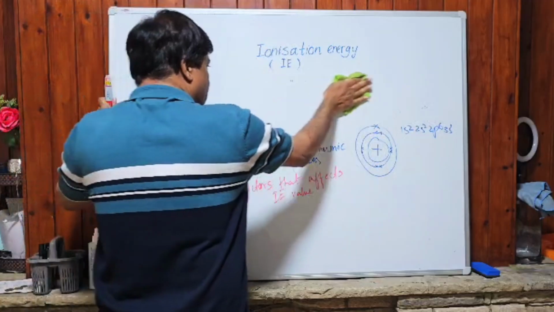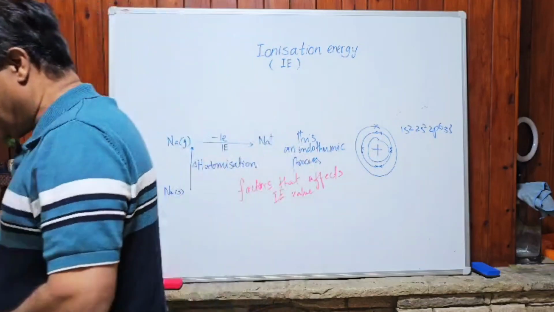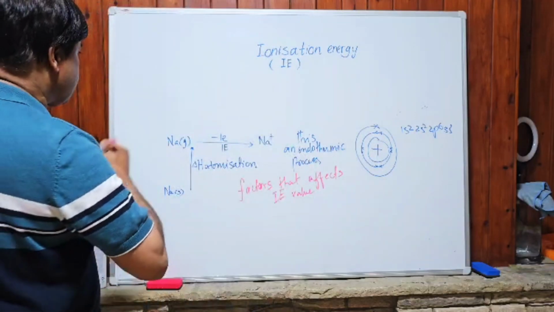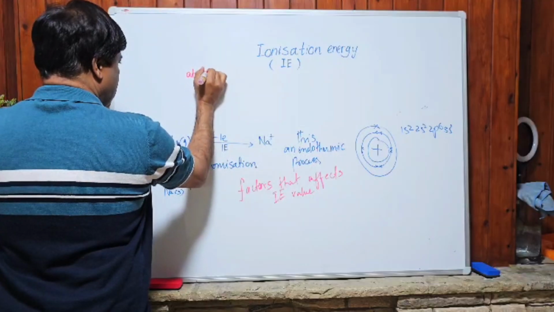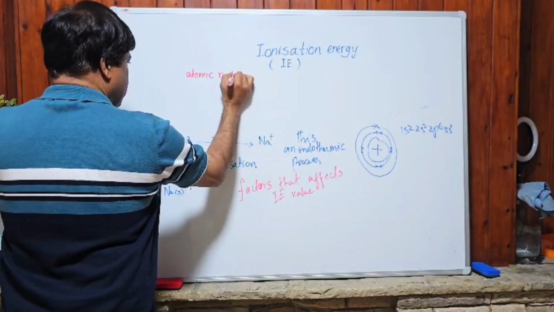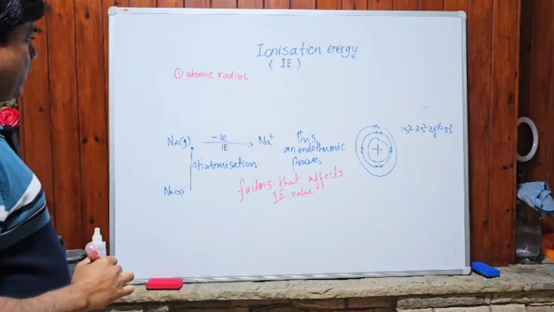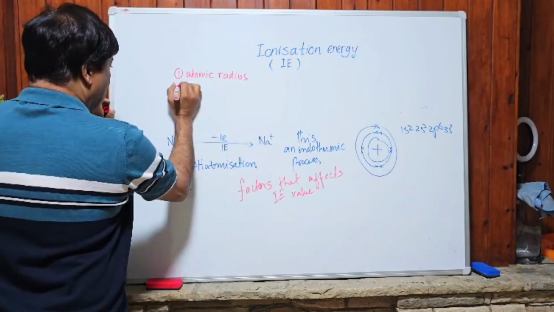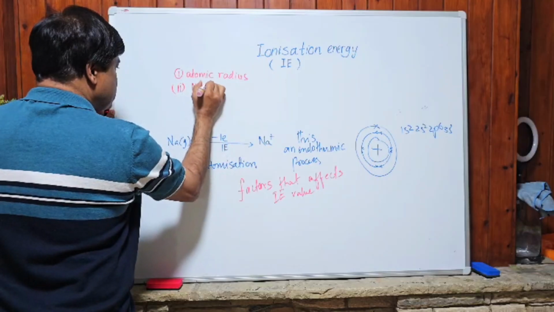Atomic size or atomic radius, both are fine. First factor, atomic size, atomic radius. Second factor, nuclear charge.